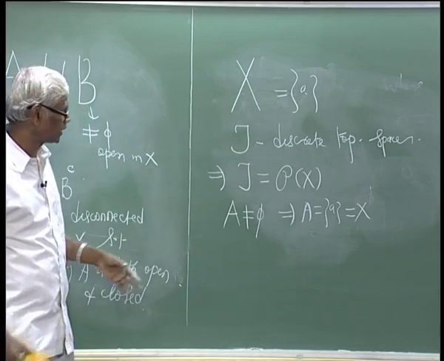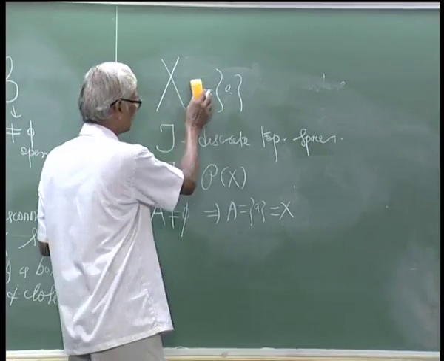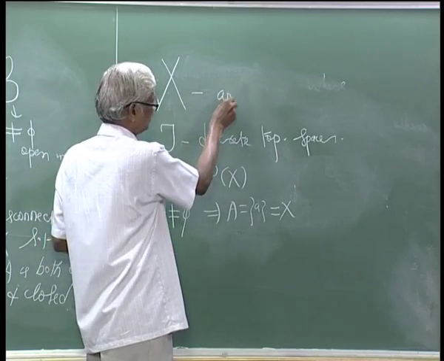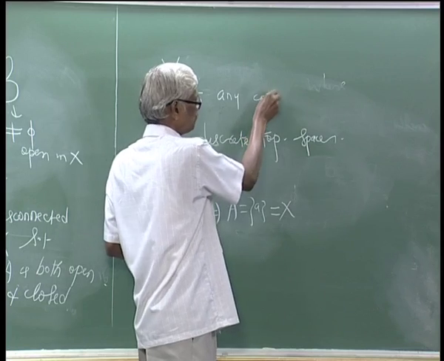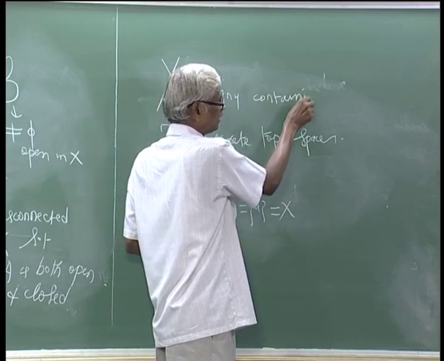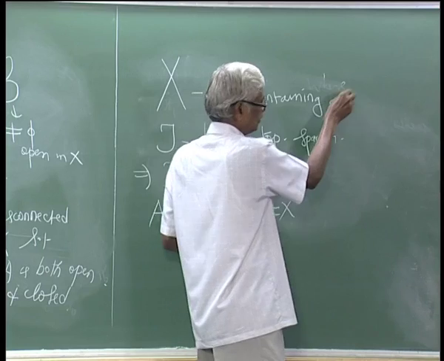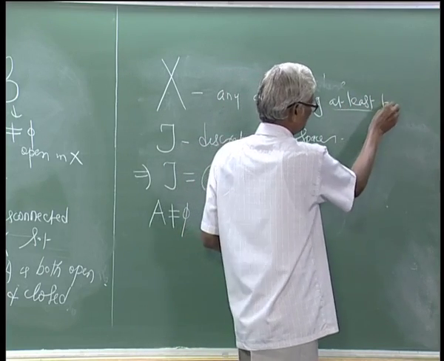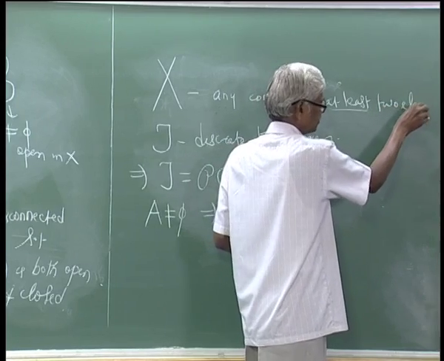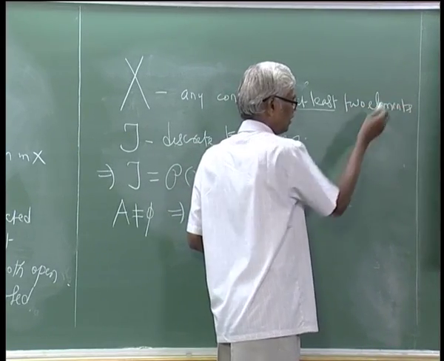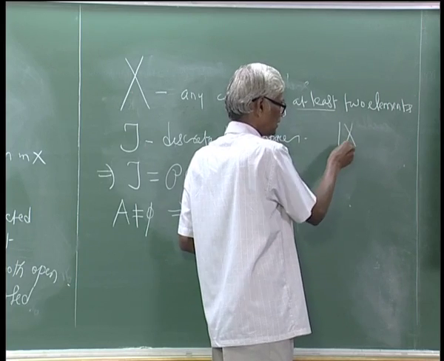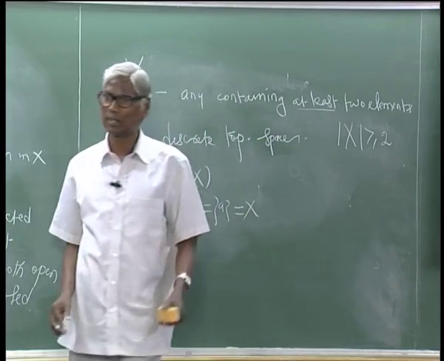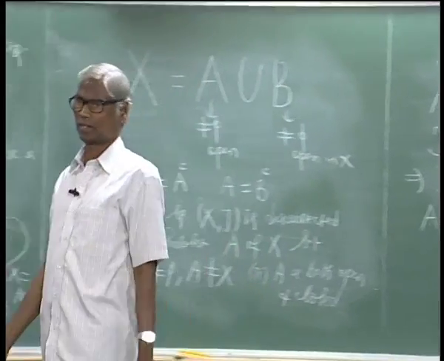Now to give an example, we will assume that X is any set containing at least 2 elements. The cardinality means at least 2 elements; in other words, if it is finite, at least 2, or it may be an infinite set.